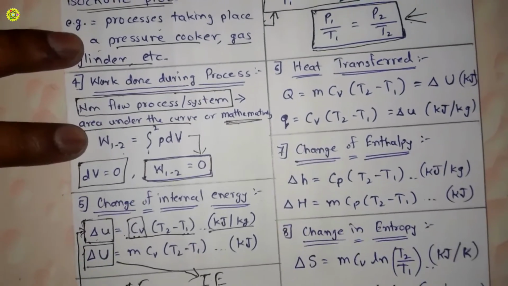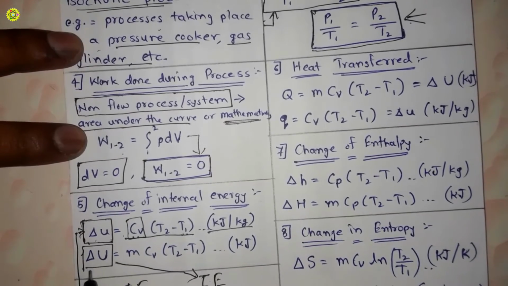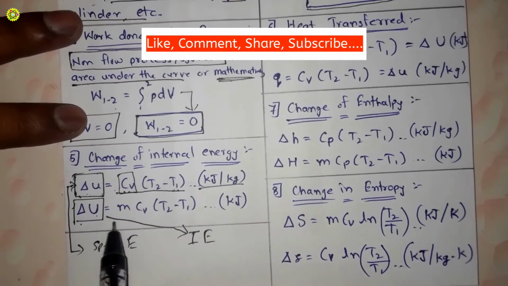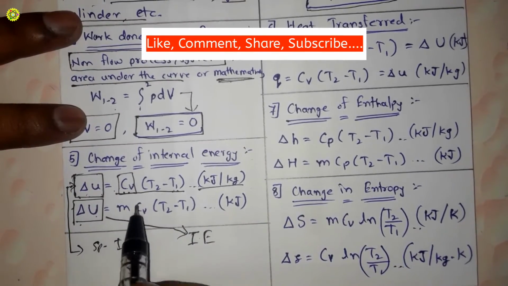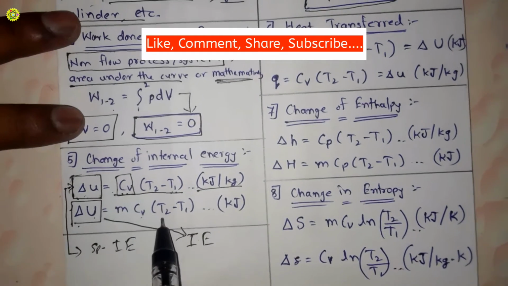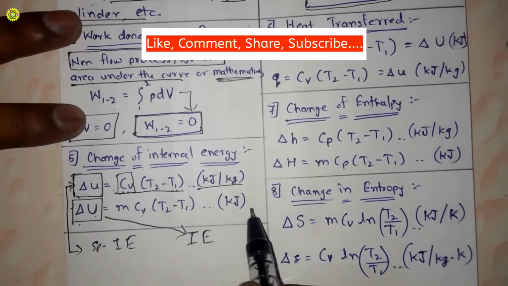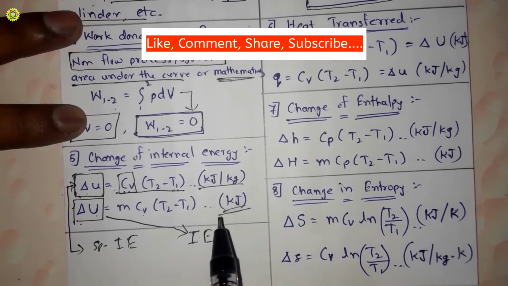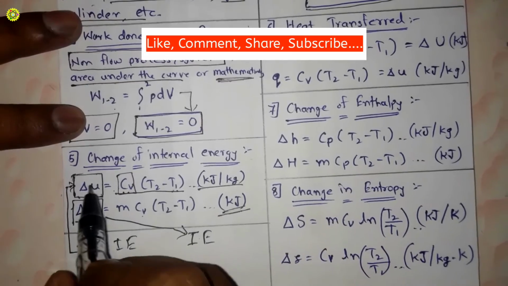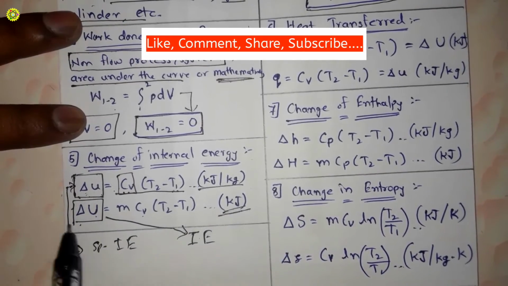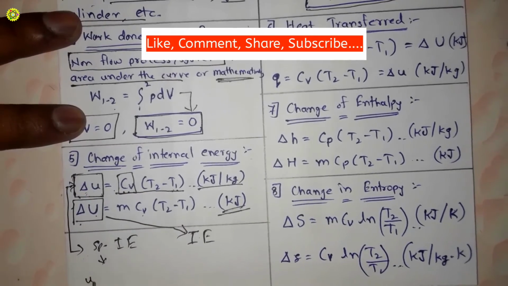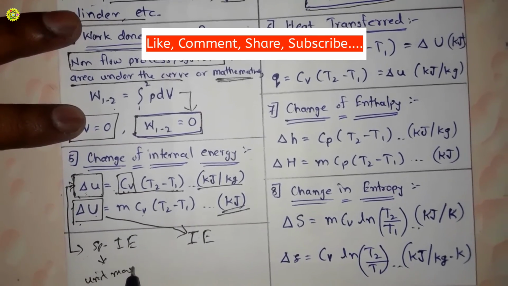Now see here delta capital U, that is the change in internal energy, is equal to m Cv into bracket T2 minus T1, and its unit is kilojoule. Delta small u, that is specific internal energy, is based on unit mass.